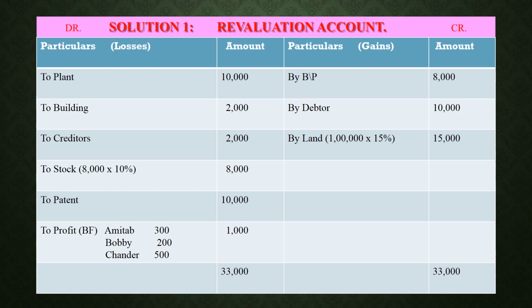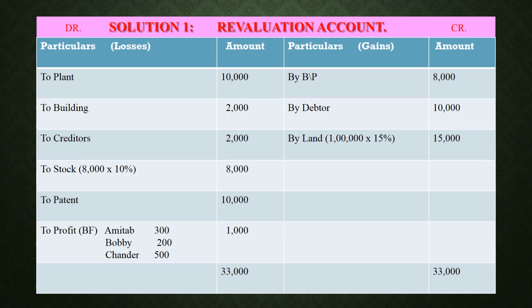Therefore, it will be written to plant on the debit side, and because plant is reducing, the difference will be rupees 10,000. The difference between book value and the market value is to be recorded because in adjustment statement word at is used. So whenever it is at, we have to take the difference of book value and market value.